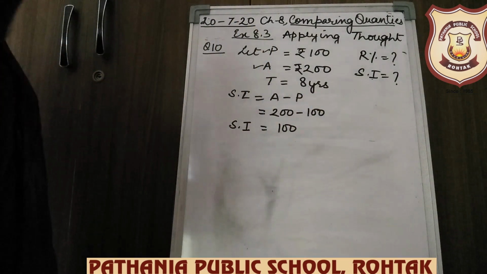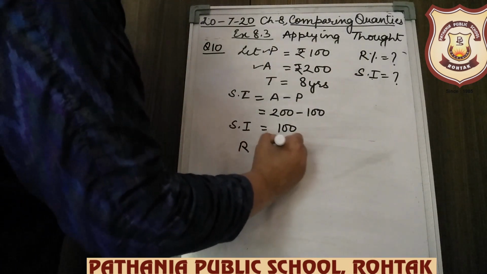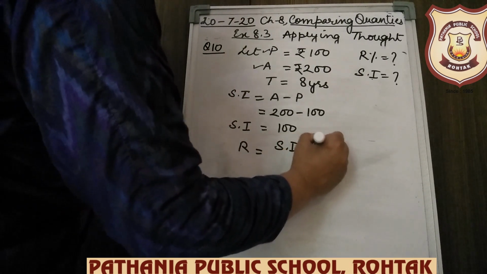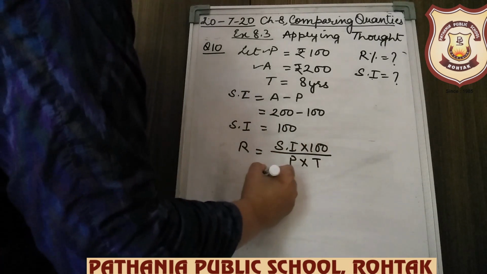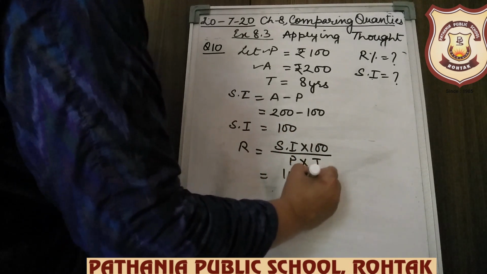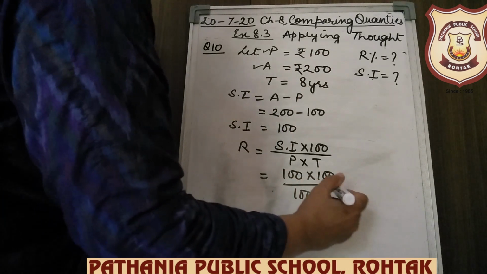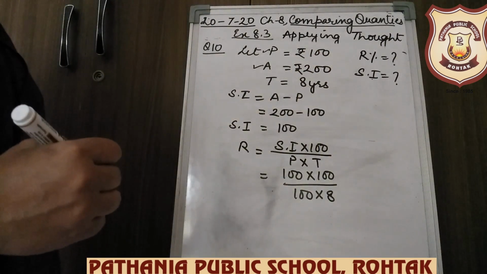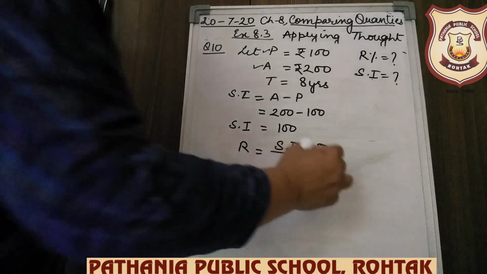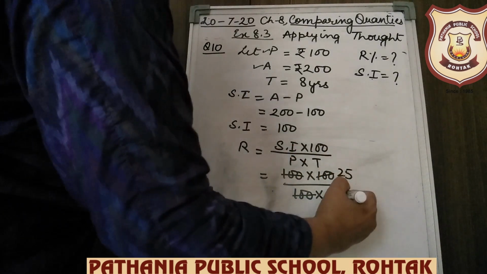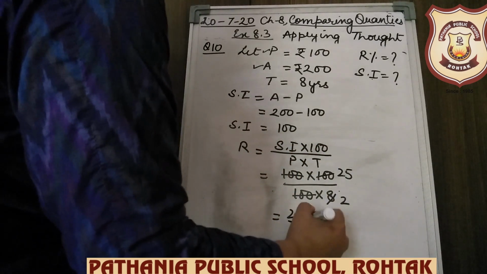Is this clear? Now you have to find the rate of interest. What is rate? Simple interest multiplied by 100 upon principal into time. So simple interest is 100 multiplied by 100, principal is also 100, and time is 8 years. This 100 and 100 get cancelled. 25 upon 2, that is 25 upon 2%.